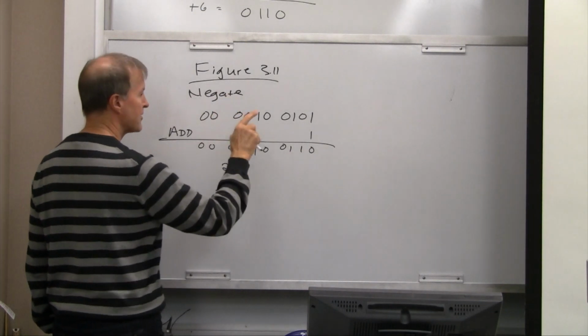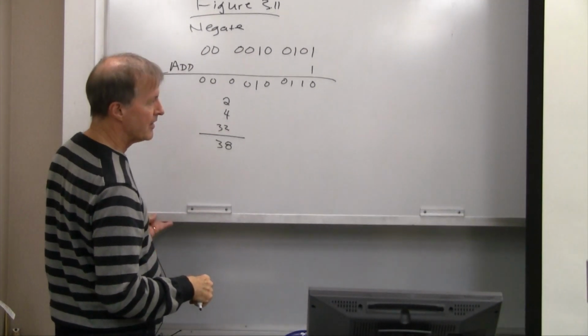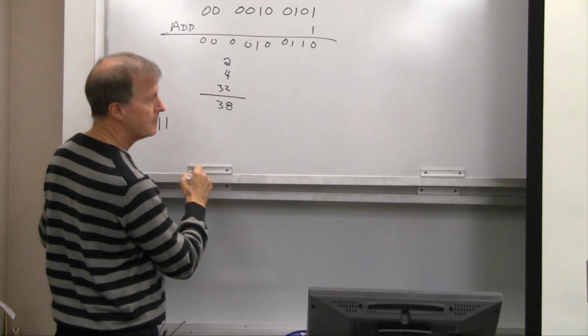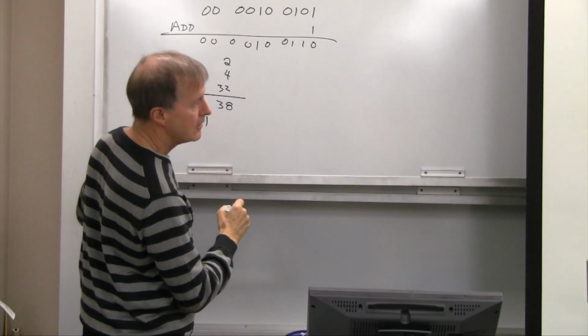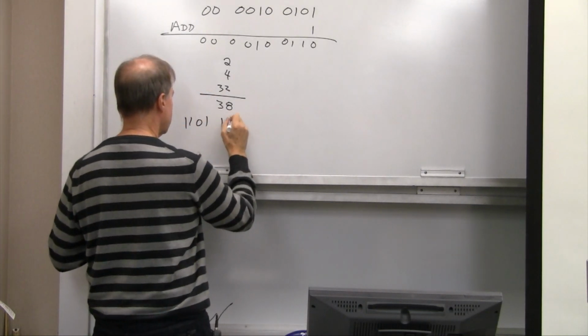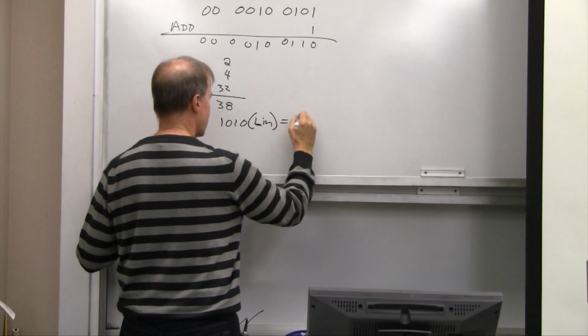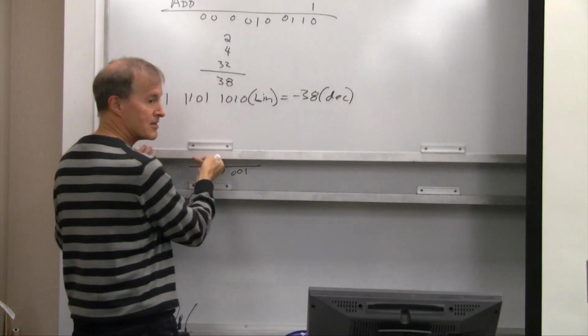Therefore, this original number must have been what? Negative 38. So what we conclude is 1, 1, 1, 1, 0, 1, 1, 0, 1, 0 binary is negative 38 decimal. Now, does everybody see how we did that?